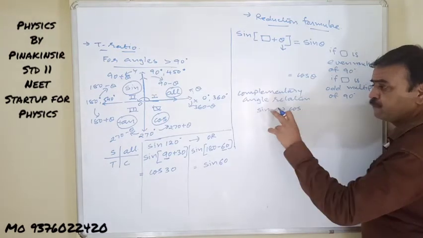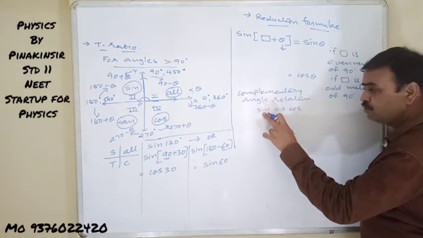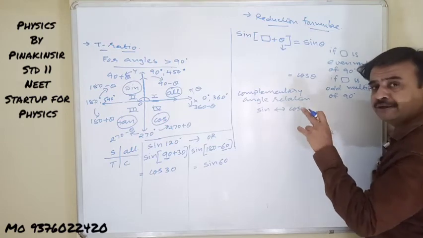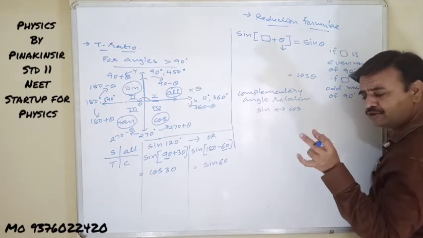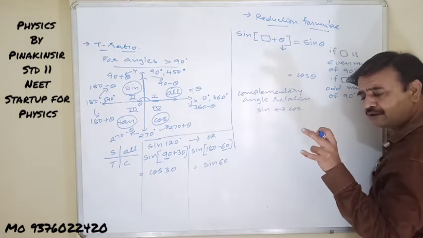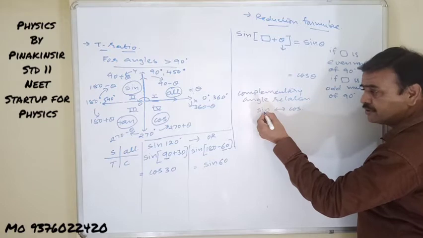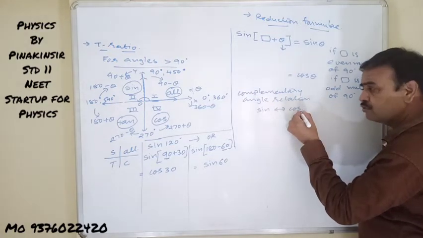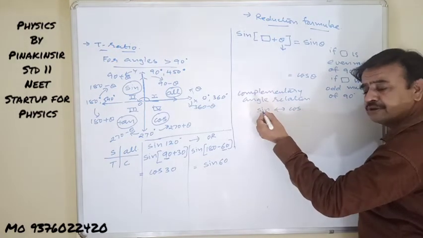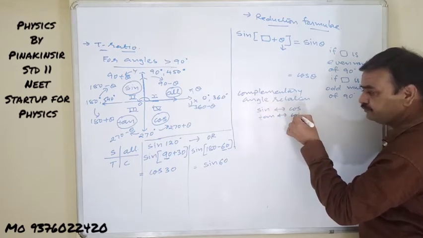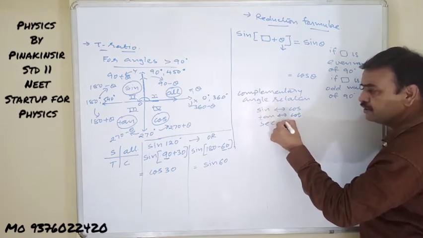Means sine of 50 is equal to cos of 40. That is complementary angle, that is, if the addition of two angles is 90, then they are said to be complementary. That means sine is converted into cos, and if cos is there, it is converted into sine. Tan will be converted into cot and sec will be converted into cosec.